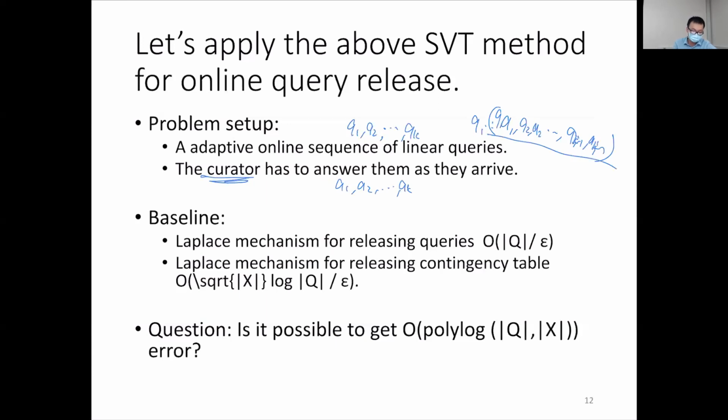For the Laplace mechanism, if we just keep releasing the queries given to me with independent Laplace noise, then the error depends linearly on the number of queries, ignoring the log factor. For normalized queries, say an average query rather than a summation query, the sensitivity is 1 over n, so you can add that 1 over n multiplier here, right?